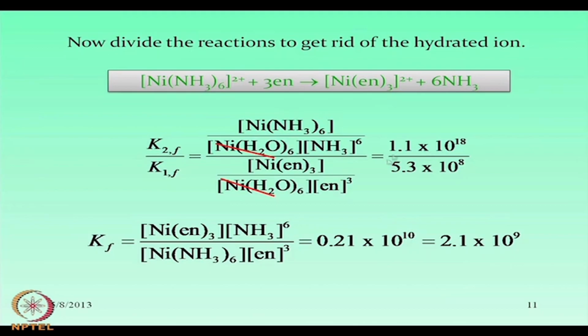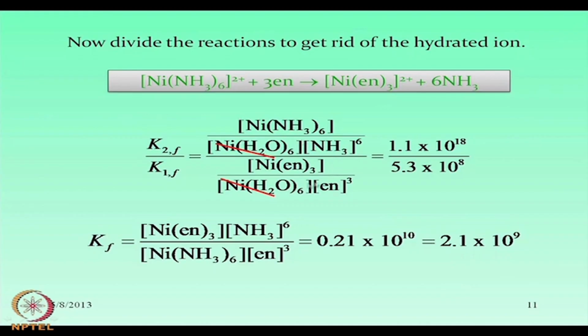We get some ratio like this, which is 1.1 into 10 to the power 18 divided by 5.3 into 10 to the power 8, and this value is definitely nothing but the formation of the tris chelate from the amine complex. So, that way we get the corresponding formation constant value for the direct formation of the ethylenediamine complex from the hexaamine complex, and in that particular case we find the corresponding value as 2.1 into 10 to the power 9.